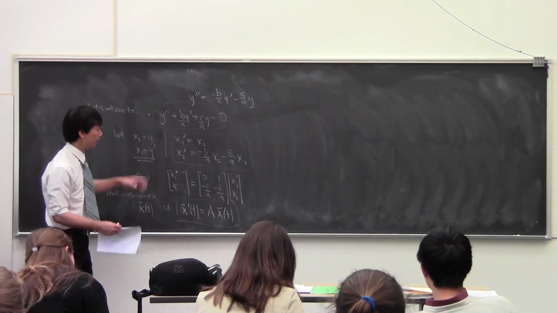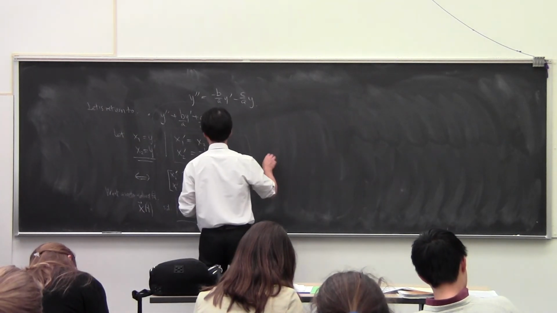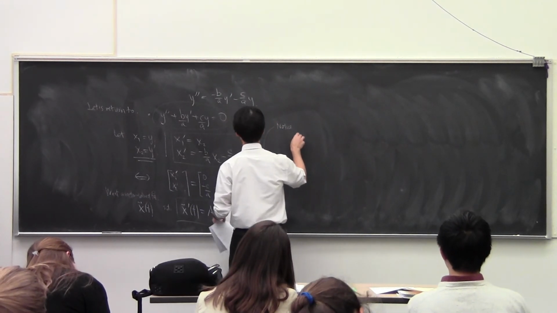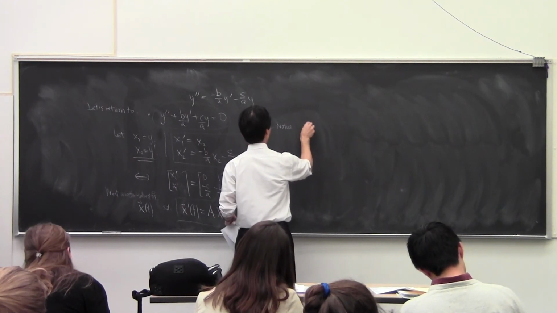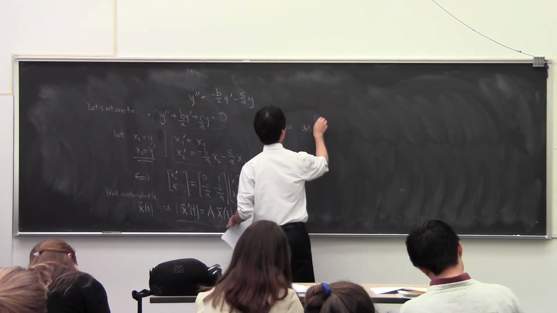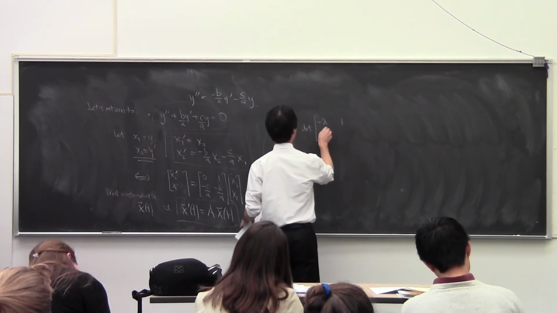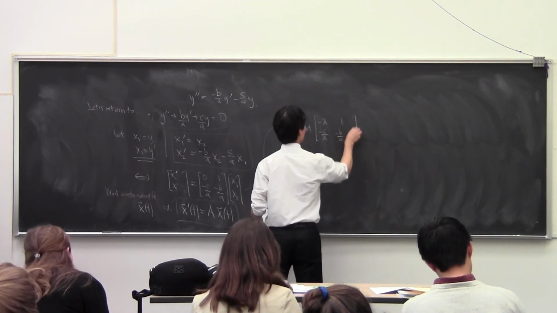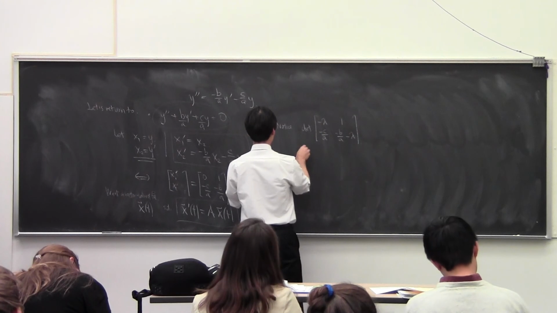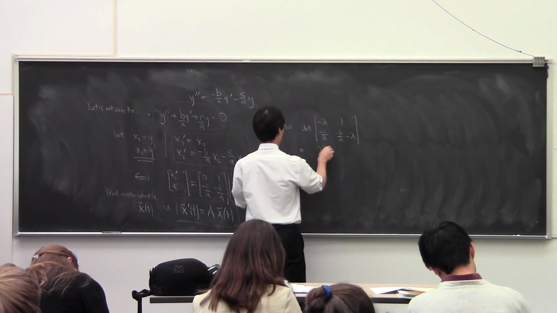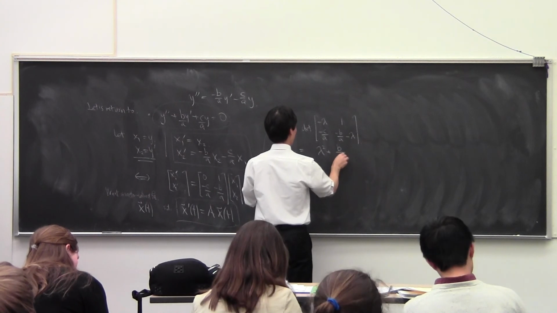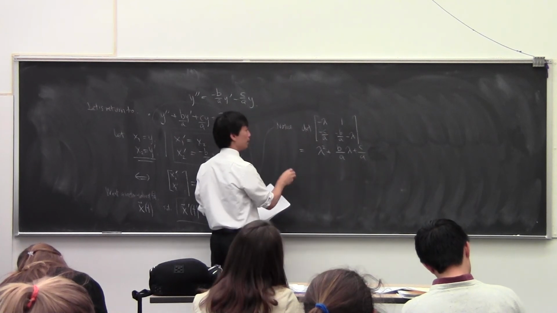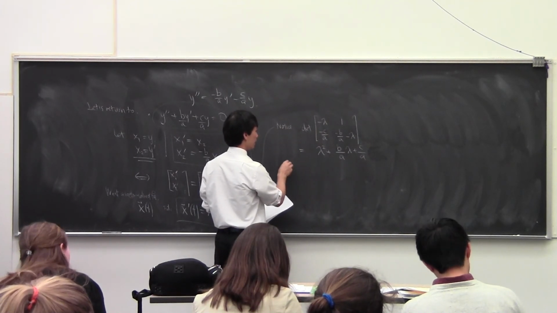And notice that if we take the characteristic polynomial, the determinant of this matrix minus lambda I, we get minus lambda, 1, negative c over a, negative b over a minus lambda. You end up with lambda squared plus b over a lambda plus c over a equals 0.